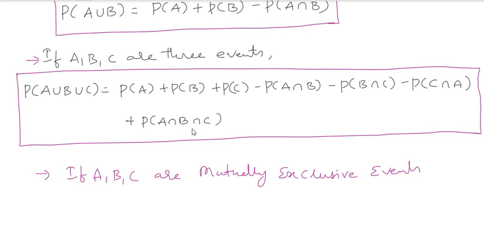Can you tell me? For mutually exclusive events, the intersection part will become 0. Probability of A intersection B is 0, B intersection C is 0, C intersection A is 0. All of them will become 0. Am I right or not?